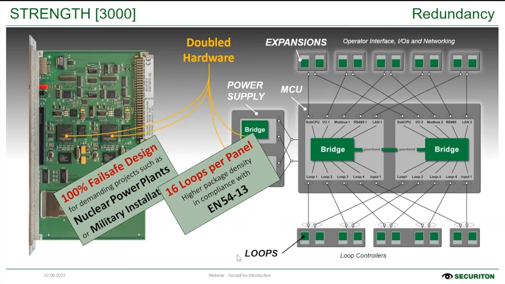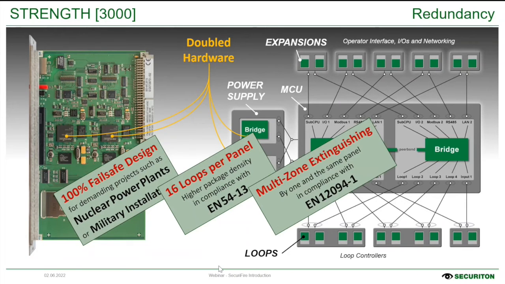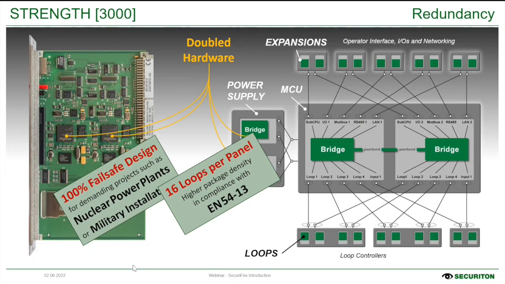This is mostly used for nuclear power plants, military installations, and especially extinguishing applications with more than one extinguishing zone, because it is a fully 100% fail-safe design. Therefore we have 16 loops per panel according to EN regulation.